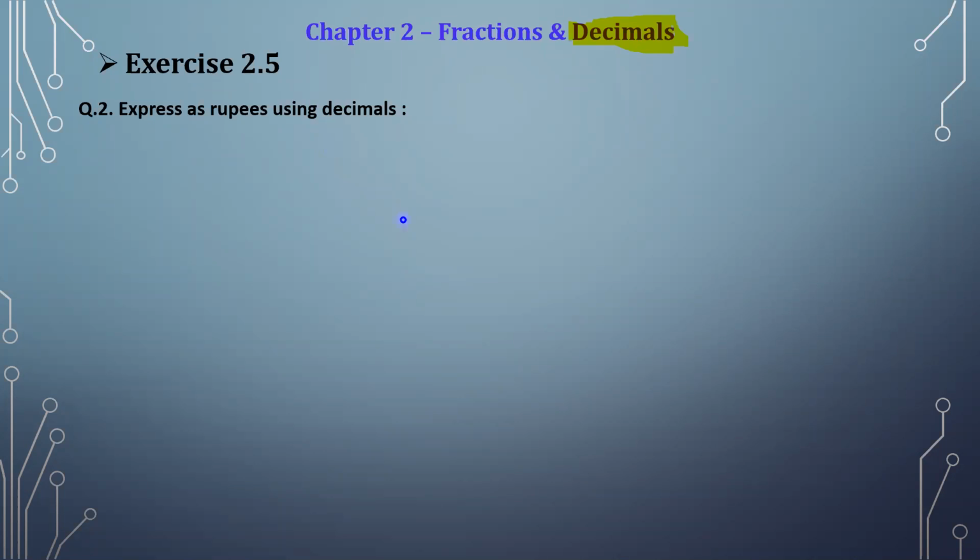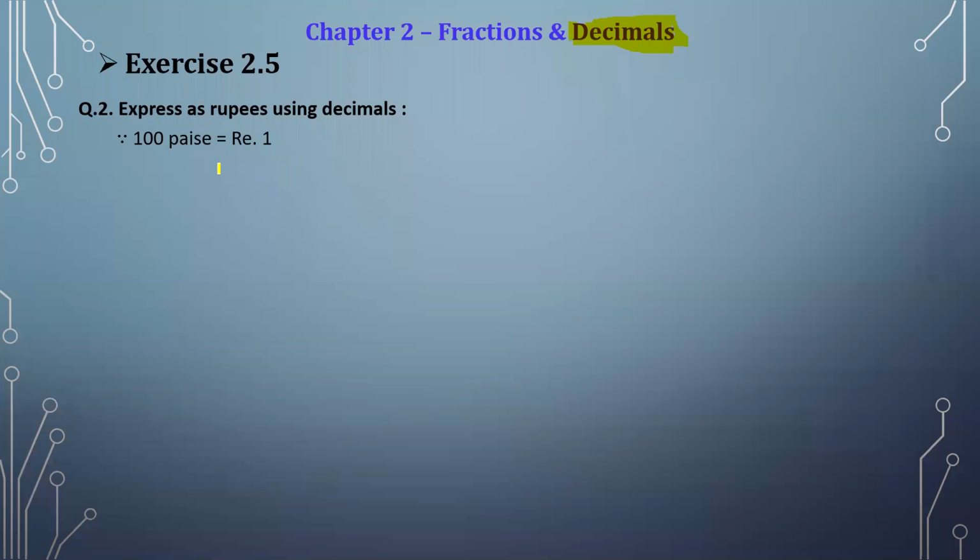Now, before starting the example, we have to consider what we have to do in this question. Here we have to convert rupees into paise, or paise into rupees. For that purpose, we should know these general values.